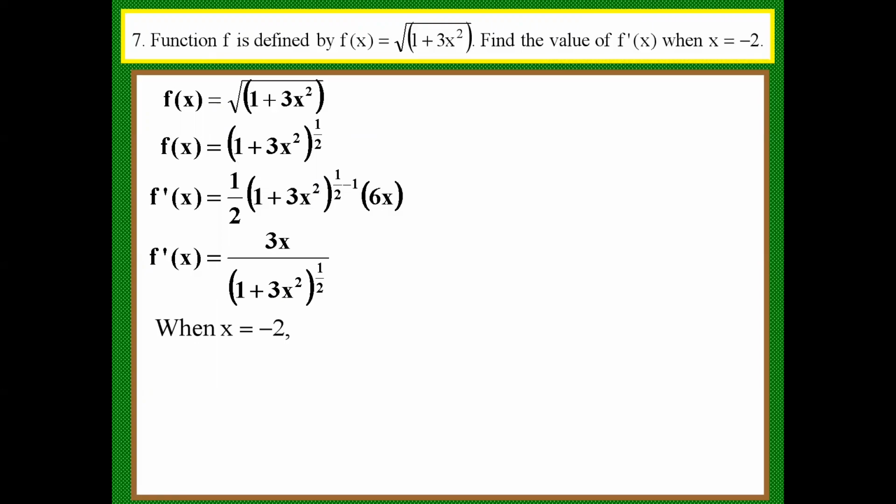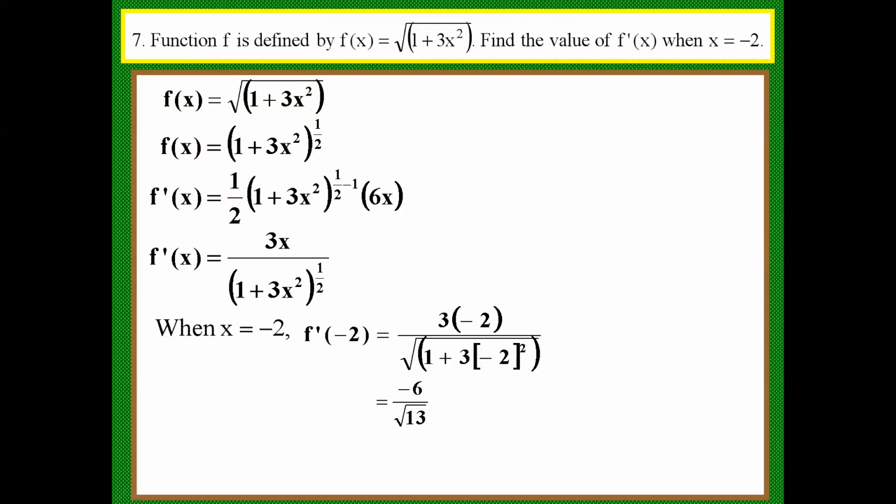Or for this case, I will write the square root when I fill in the number given, x equals to negative 2. So I'm going to fill it in and just press the calculator, or if you do not want to press the calculator, you just want to do a mental calculation, you will get something like this.